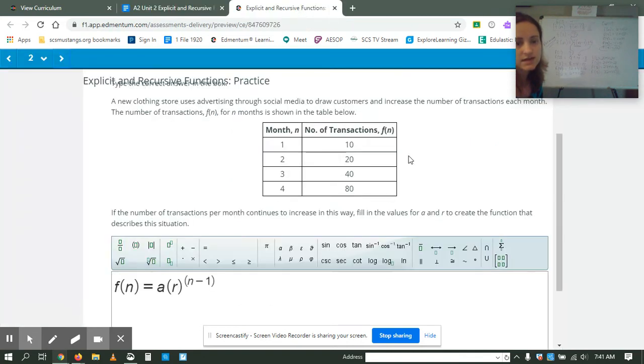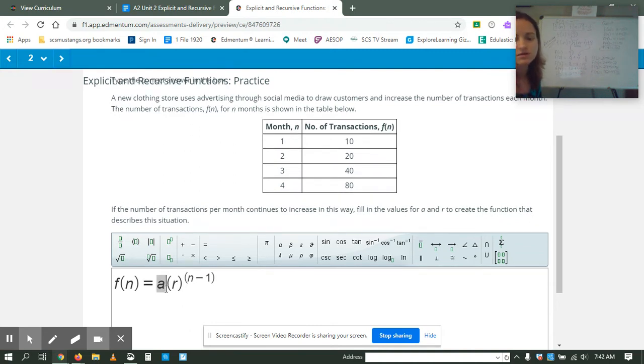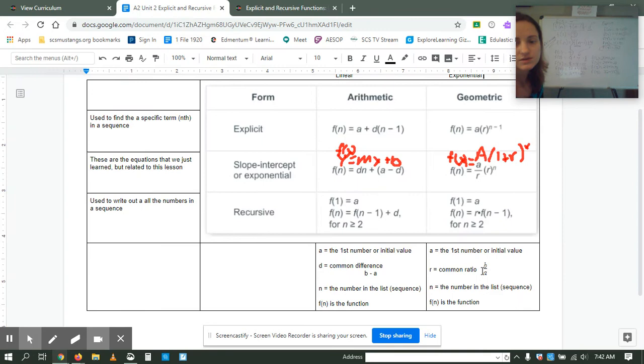So if we're looking at our table where they say month 1, this value of 10 is our first value, or our first term, or our initial value in what we're working with. So our answer for a is going to be 10. So then we need to find r. And remember, we find r by doing b divided by a.